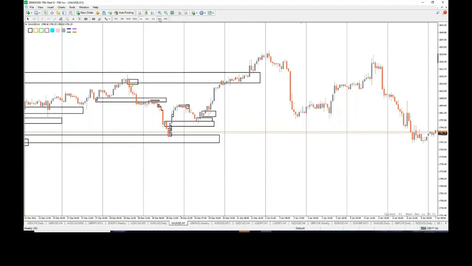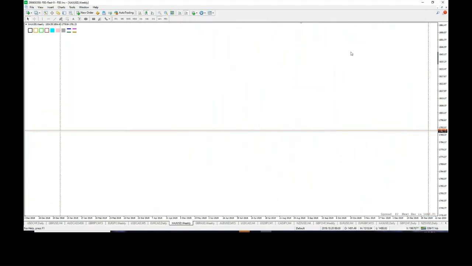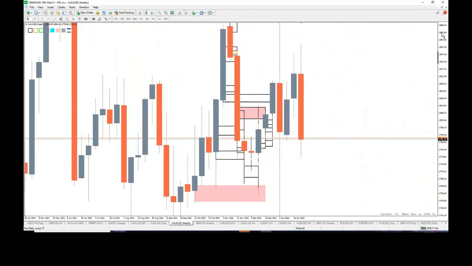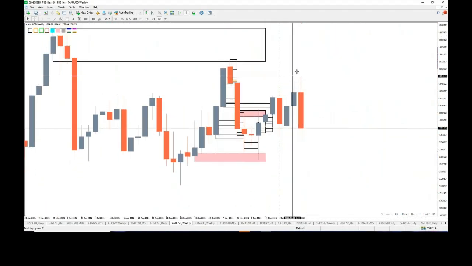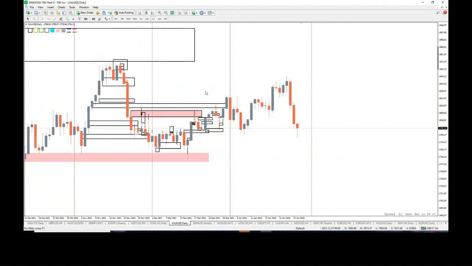Let's say for this week's setup. I waited for this sell setup a long time ago. It's from a daily setup actually, but my storyline is going from here.